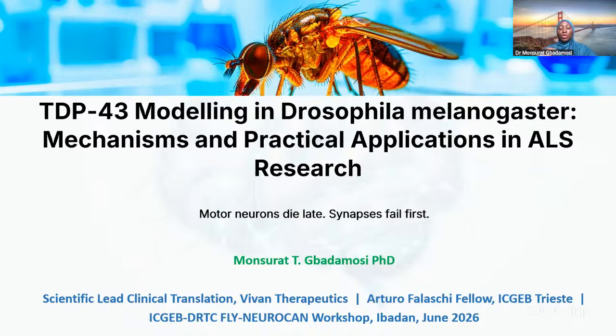So for us, we took a step back to see what happens to the neurons before they die. And we think the synapses will fail first before the motor neurons die. So what we did was to check the synapse first. So let's get into it.